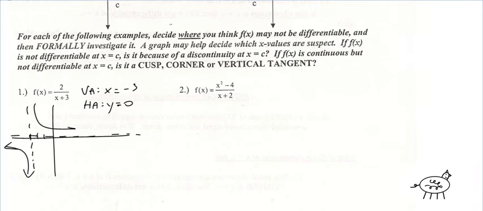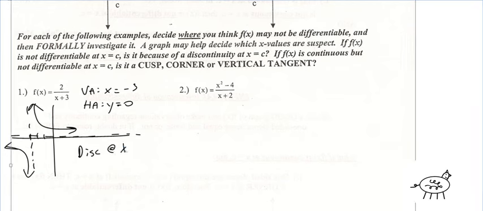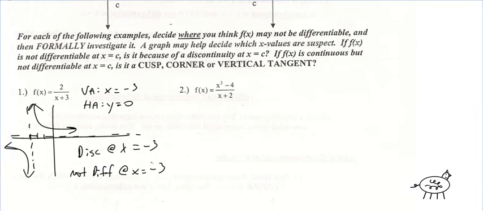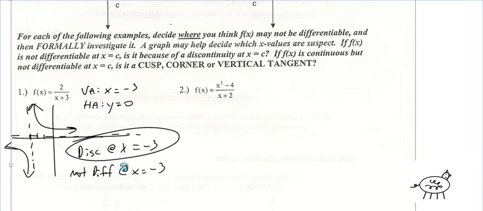And like this. Okay, so now really what you can tell me for this one, it's discontinuous at x equals -3. So that means it's not differentiable at x equals -3. So they're going to be looking for this. Tell me where it's discontinuous. Give me the reason why, because it's not continuous, and then tell me it's not differentiable at x equals -3. Okay? Not bad.